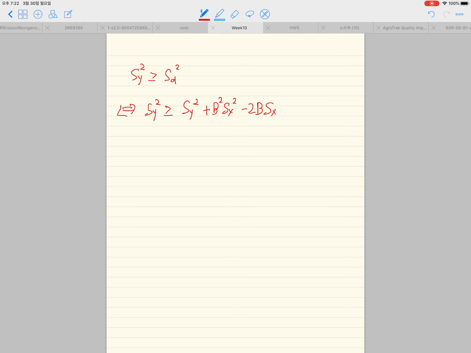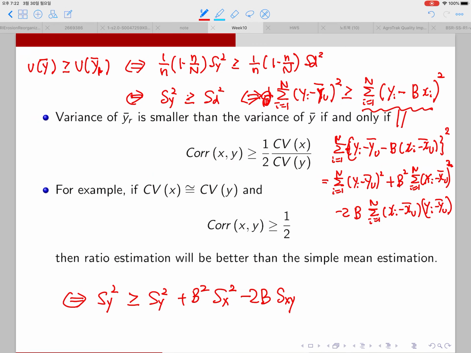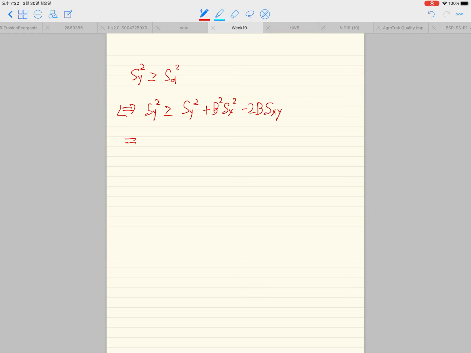It's a really tedious algebra, right? So that means minus 2b s_xy plus b square s_x square is greater than or equal to 0.